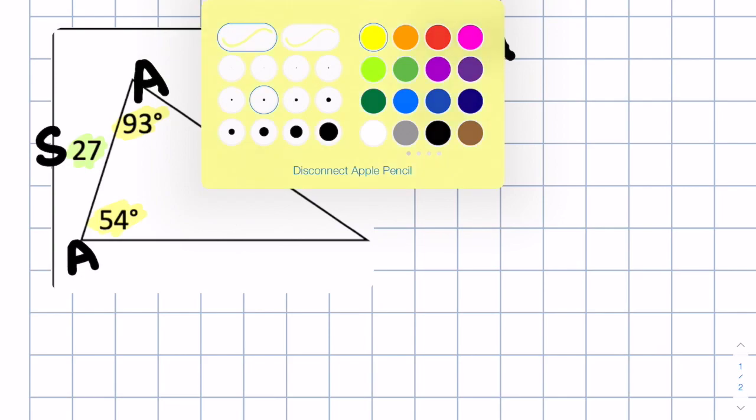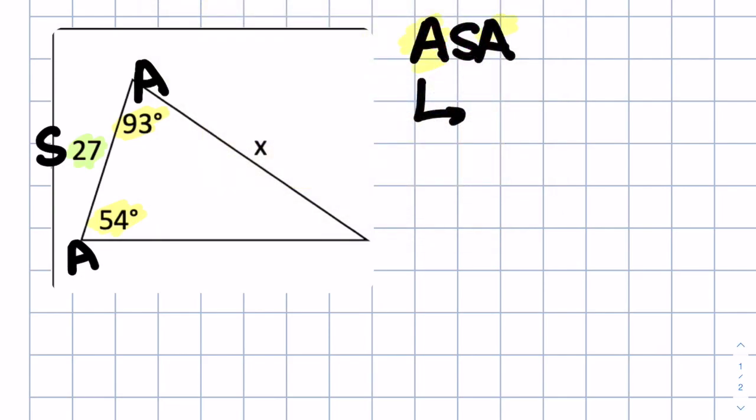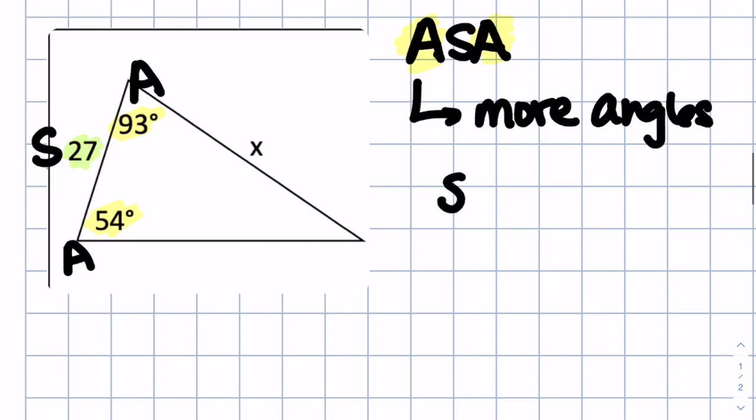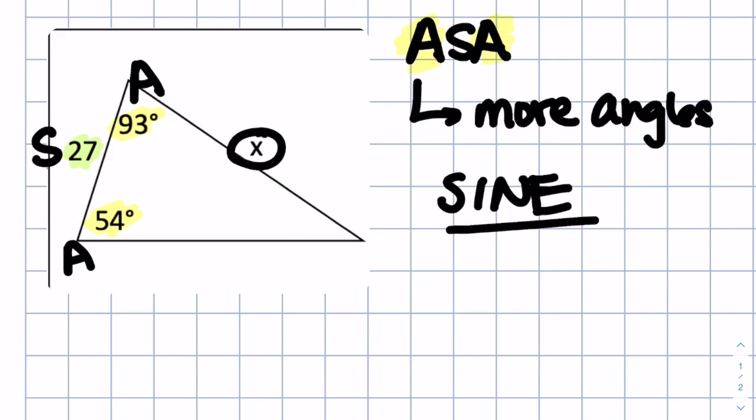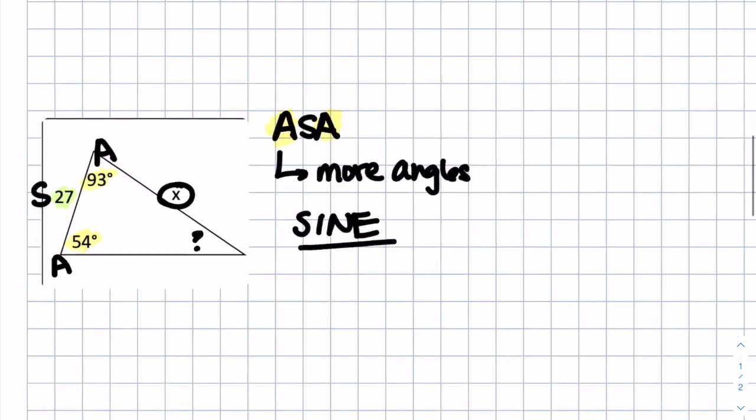Well, you see more A's than S's, so that's more angles, which again is going to be sine law. So the sine law will help you find this. Just keep in mind that you will need to find this angle first in order to do big A over little a, big B over little b. But you're still going to be going with the sine law.